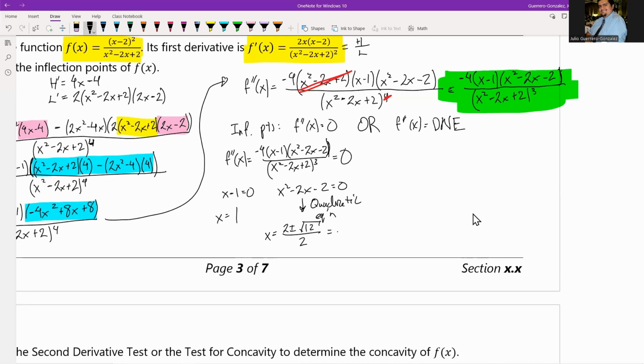The two values that you get are negative 0.732 and 2.732. We have our three, in this case, inflection points. So this means that our function may change concavity 3 times. Okay?